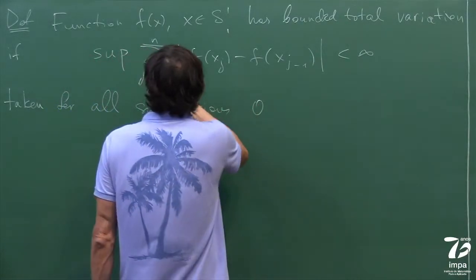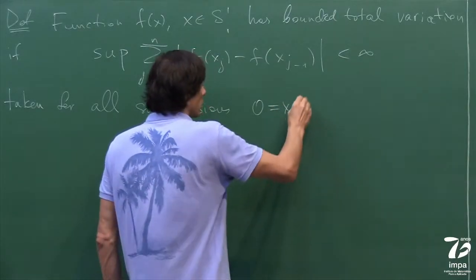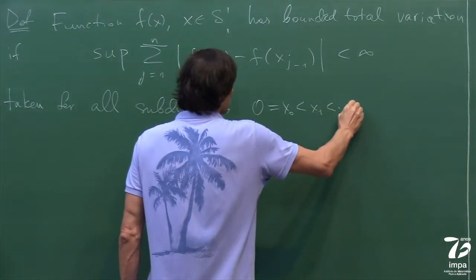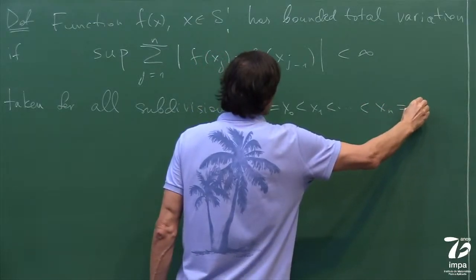Our interval is from 0 to 2 pi. So the first point we call 0, and then there are next points until the last point, which is 2 pi.